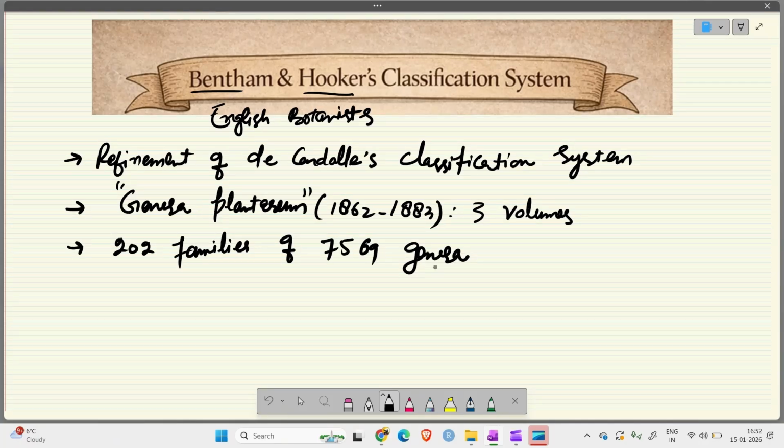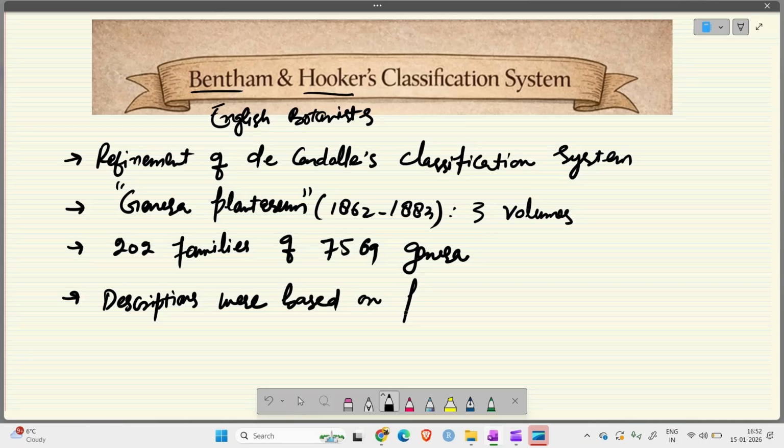The descriptions of the families were based on personal studies rather than the accumulation of mere known facts. This feature of personal studies made it very popular, and currently some herbaria still arrange their specimens following this system, especially the Indian herbaria. They still follow Bentham and Hooker's classification system.